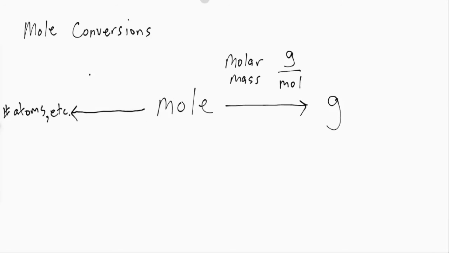Well, here you just have to remember Avogadro's number. And what does Avogadro's number tell us? It tells us the number of atoms or the number of things in a mole.